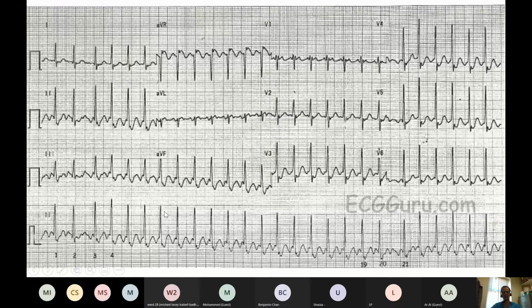So the rate here is about 150. In fact, it's slightly faster than that, maybe 155, because you can see it's slightly less than 2 large squares. So does that help you coming to a diagnosis? We've got a narrow complex tachycardia, rate of 150. What's the classic narrow complex tachycardia that gives you a rate of 150?